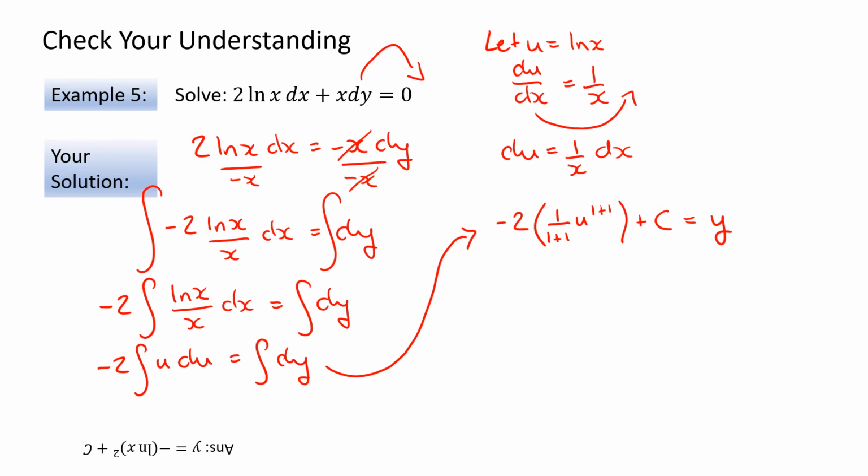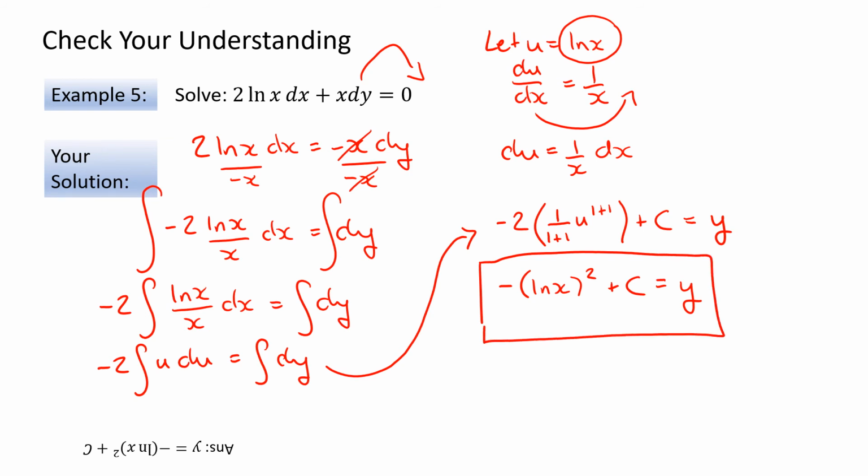So simplifying this and substituting back in ln of x for u, we have negative 2 divided by 2 is just negative 1. So we get negative u squared, which is ln of x squared, plus a constant, which is therefore equal to y. Okay, so this is our solution to the differential equation. Again, we don't know what the constant is, but in the next example I'm going to show you how we get a particular solution by solving for the constant.